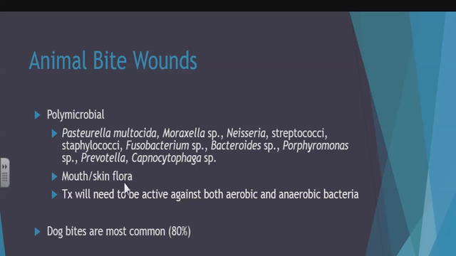As you can see, this polymicrobial mix of organisms includes both anaerobes and aerobes, okay? Dog bites are the most common, but cat bites tend to be more severe, in my experience. So the bite pattern really does usually determine the infection type. So dog bites are associated more with the crush injury because their mouths are usually bigger.